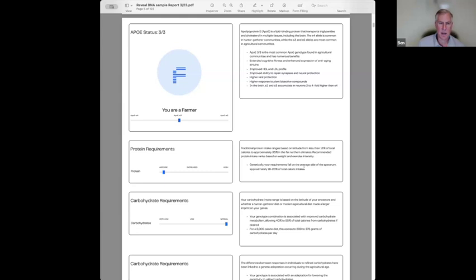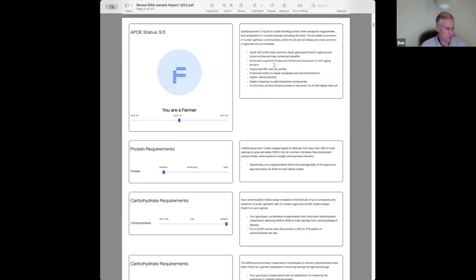But what I want to do is talk a little bit more about APOE status, allele 4 specifically, and how to support the folks that you're going to get in your testing that might have 1 or 2 allele 4s. So let's wrap up 3s and 2s first. So here we have 3-3. It's the most common APOE genotype, and it has numerous benefits.